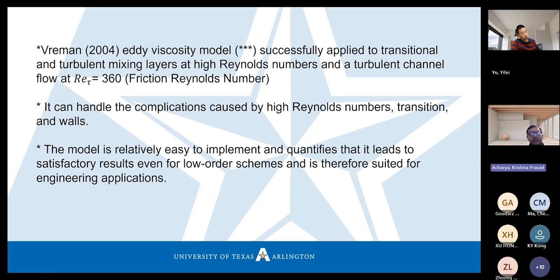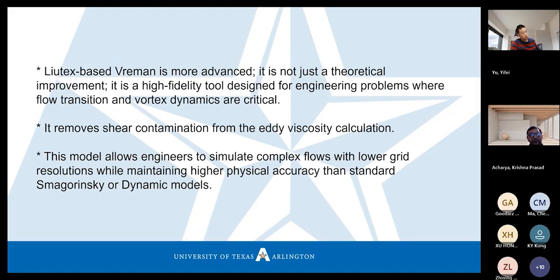It can handle the complications caused by high Reynolds numbers, transition, and walls. The model is relatively easy to implement and leads to satisfactory results even for low-order schemes, and is therefore suited for engineering applications.